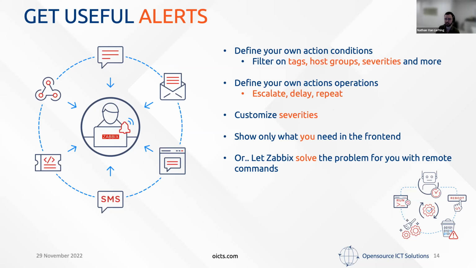And instead of just sending out emails or text messages to our Zabbix users, we can also say, hey, Zabbix, why don't you try to restart that application before we start sending out an email? Letting Zabbix solve the problem for us. And if it's still a problem after Zabbix already tried to fix it, then we can start alerting. Or the other way around, any way we would like, because we can set up our own actions and define it in whichever way we see fit.